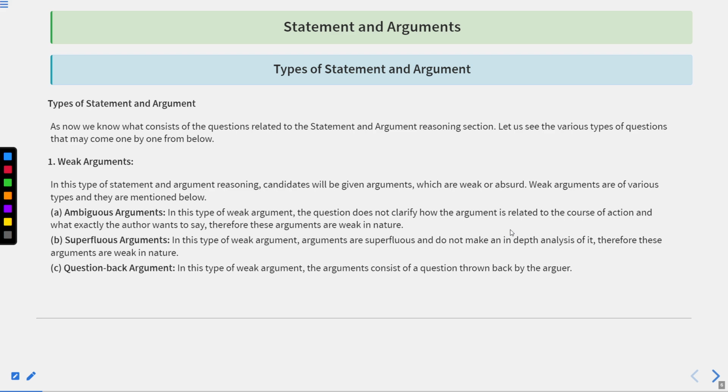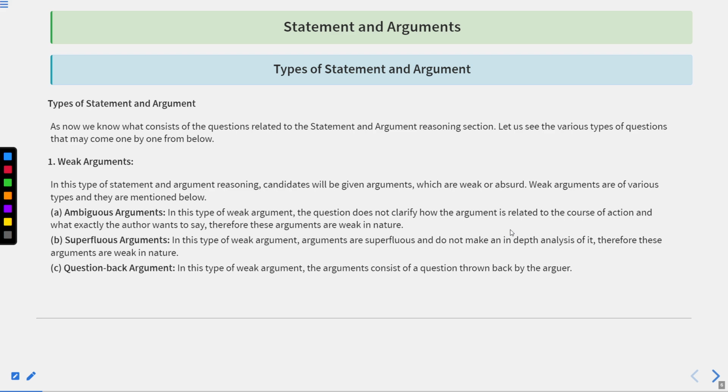But even after solving 100 questions, we are not 100% sure. We are not confident. We cannot say that, yes sir, whichever competitive examination you give us a statement and arguments question from, we can solve it. Why? The reason is the concept is not clear.